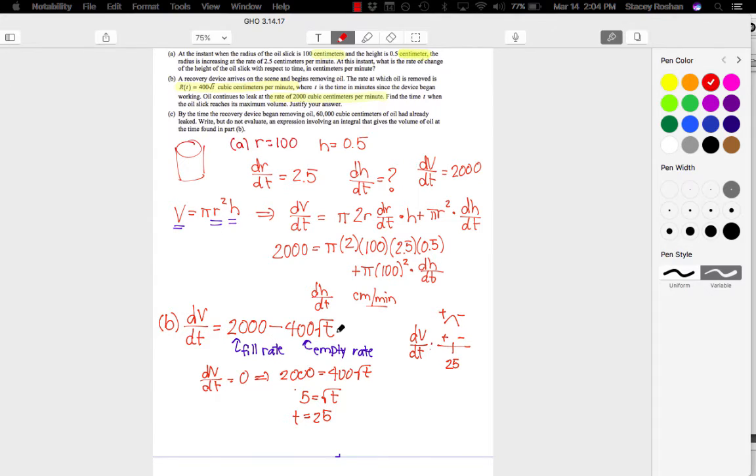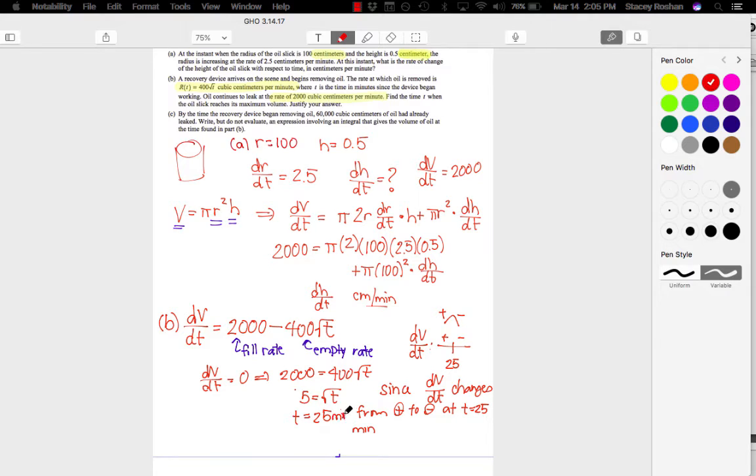If I put in a 0, for instance, I would get 2000 minus 0, which is indeed positive. If I put in a number bigger than 25, then of course this would be negative. And so this does check out, since dV dt changes from positive to negative at t equals 25 minutes.